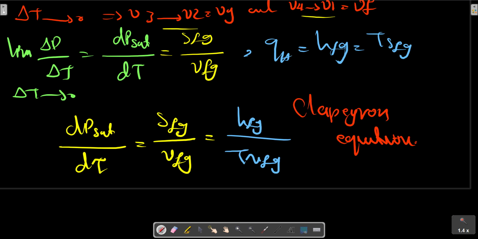This is a very simple relation and yet an extremely powerful one. We can experimentally determine the left-hand side of the equation, which is the slope of the vapor pressure as a function of temperature. We can also measure the specific volume of saturated vapor and saturated liquid at a given temperature.